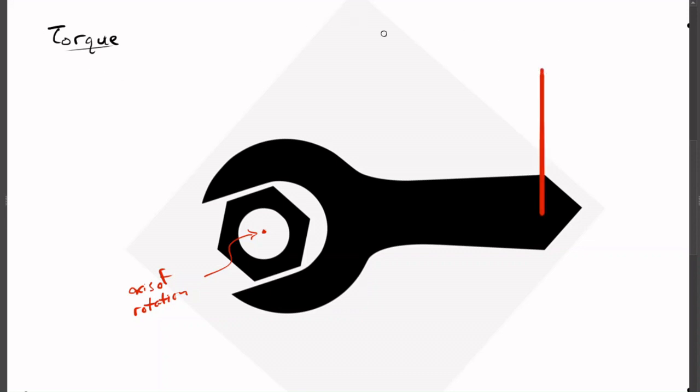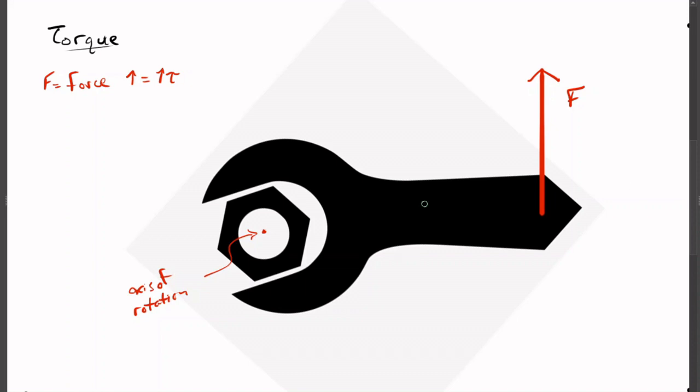There's our force arrow, that's going to be F. So the force is going to try to cause this wrench to rotate around. Obviously, the larger the force, the greater the torque. So if we can increase that force, we can increase the torque. We'd be better at rotating this if we increase that force.